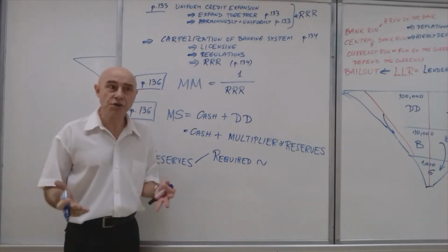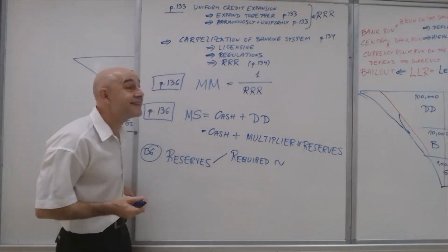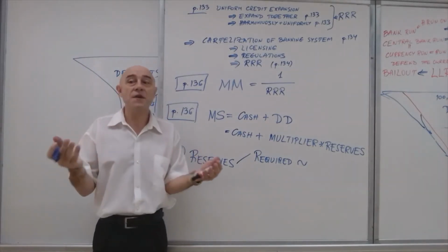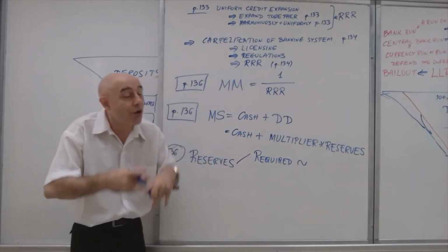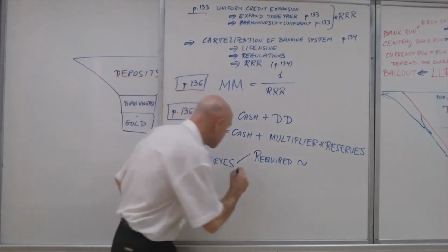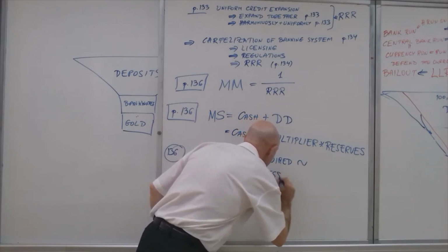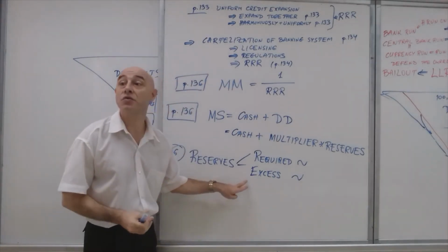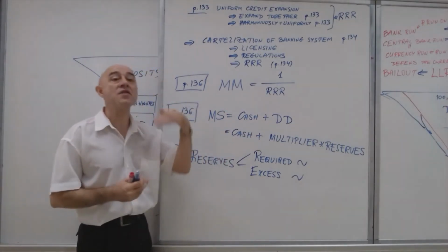Now, a commercial bank may be required to maintain only 10% reserve, but a commercial bank can decide to maintain 15 because it wants to, because it likes to, because it fears something, or for any reason. So that extra reserve is called excess reserves. Excess reserves are reserves which a commercial bank maintains above and beyond the minimum.